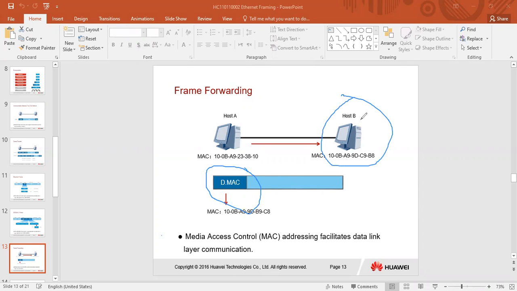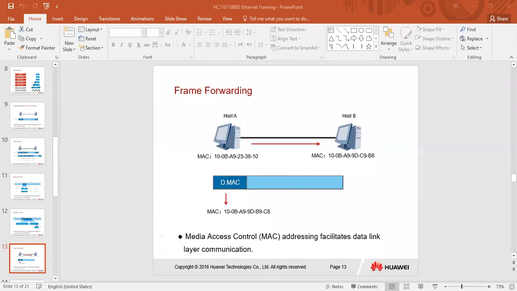When you transfer your data from host A to host B, this data will be compared to all MAC addresses. Suppose there are C, D, E, five systems. Then the data will be compared with C, D, E, and also B. If the MAC address matches with host B, then host B will accept your data. Understand?